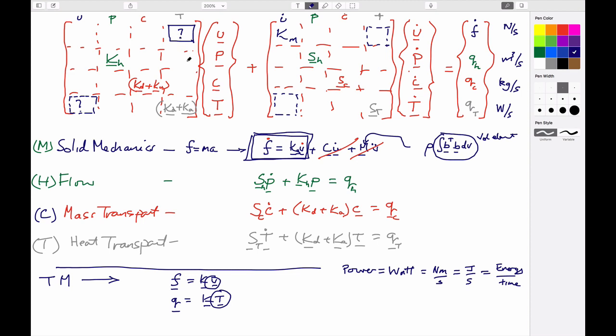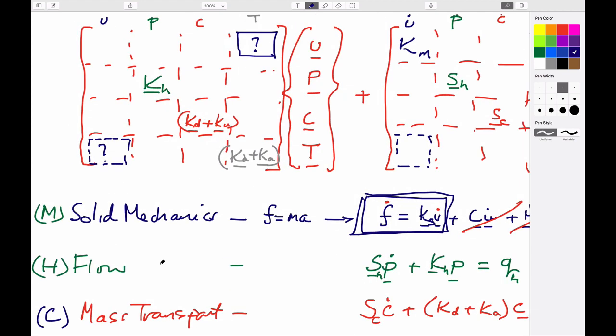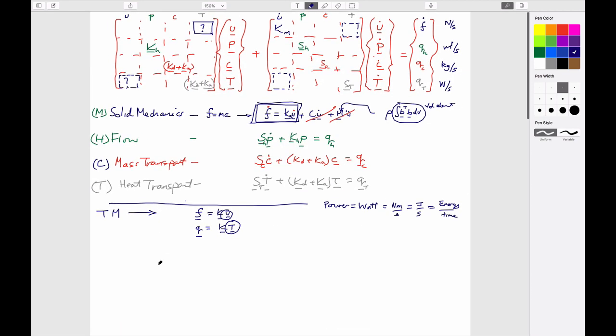The other coupling that we might be interested in, and we'll deal with this in due course, would be hydromechanical behavior.